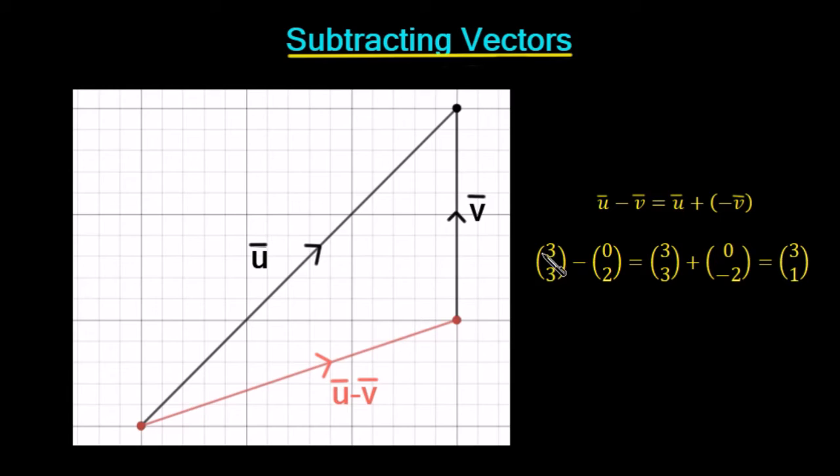Equivalently, we could have just said 3 minus 0 is 3, 3 minus 2 is 1. So we just simply subtract off the components to get the new vector. So you can see here the new vector (3, 1) is correct. So we go along 1, 2, 3 and we go up 1. And that's the new vector u minus v.